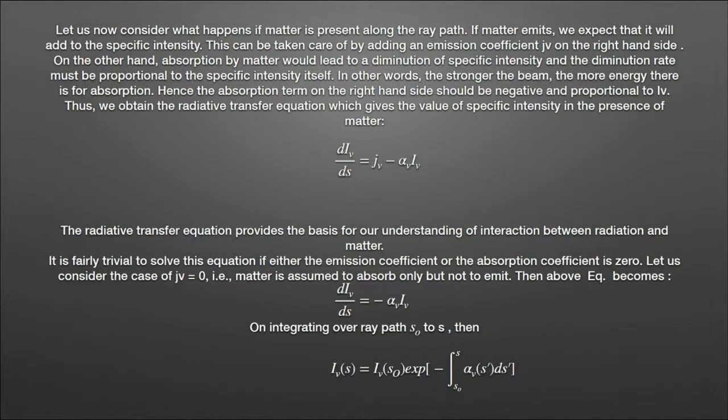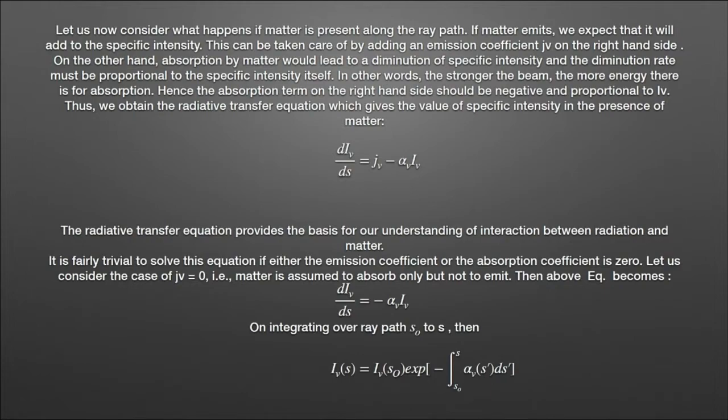On the other hand, absorption by matter would lead to a diminution, a reduction in the total specific intensity, and that rate of reduction must be proportional to the specific intensity itself. In other words, the stronger the beam, the more energy there is for absorption. Hence, the absorption term on the right hand side should be negative and proportional to Iν.